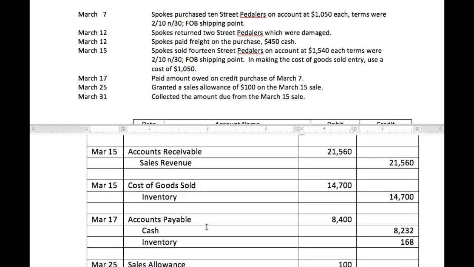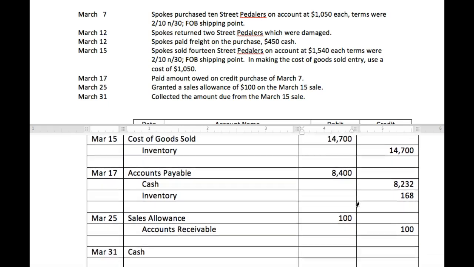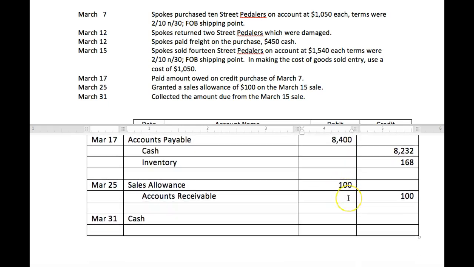First, when we initially sold to our customer, it was $21,560. But keep in mind, we have to take into account any returns or any allowances and any discounts. So as we look down through here, remember they did receive the $100 allowance. So we're going to subtract the $100. So right now on our books, we have that our customer owes us $21,460.